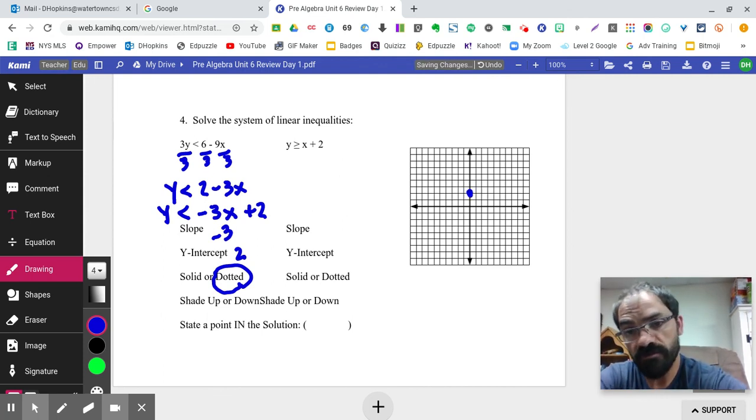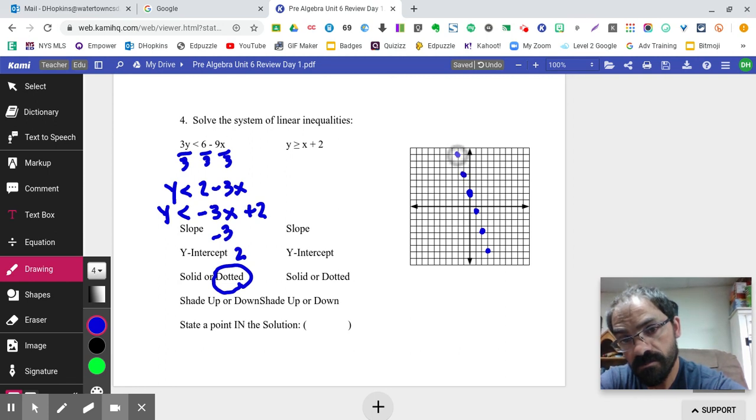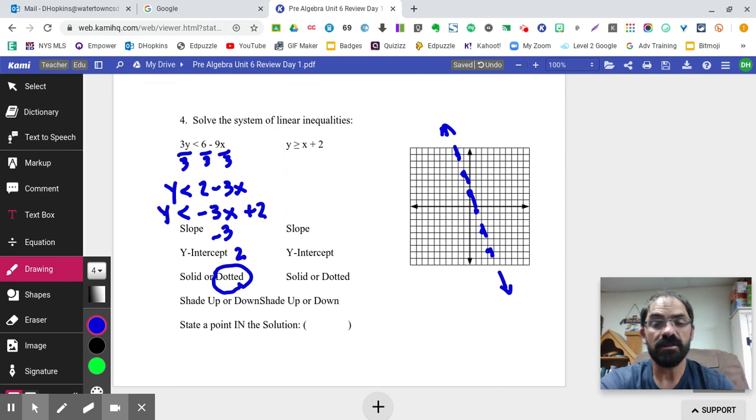And it goes down 3 over 1. And again, it's a dotted line. And let's see here. Less than means under the line. So I'm going to shade under the line.